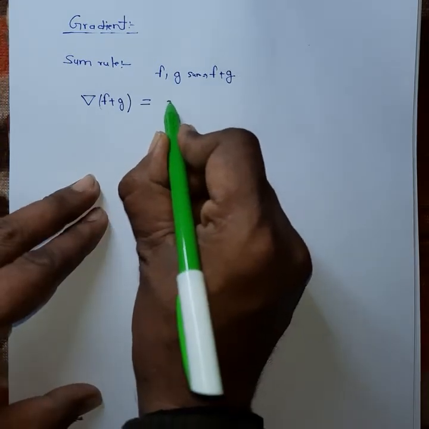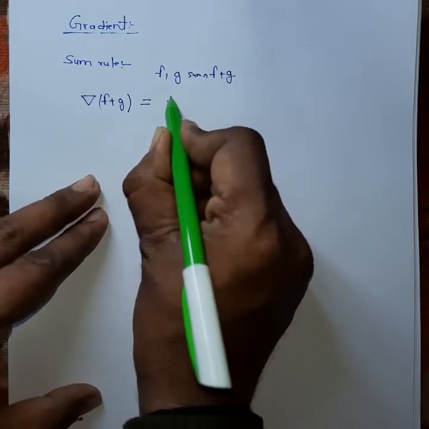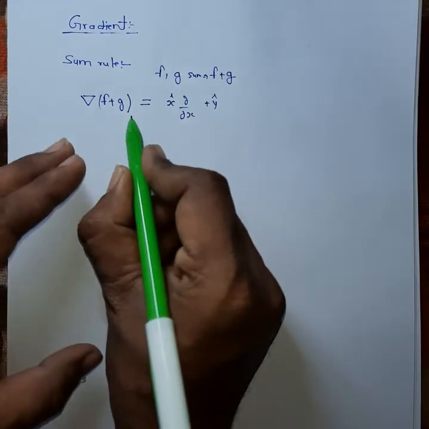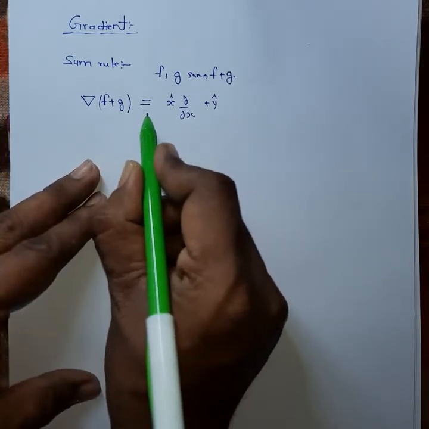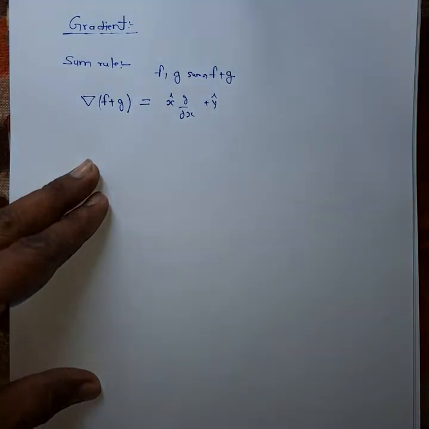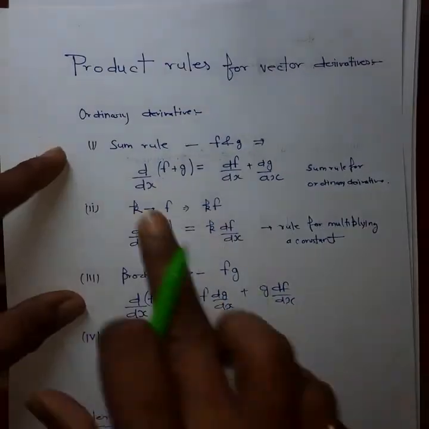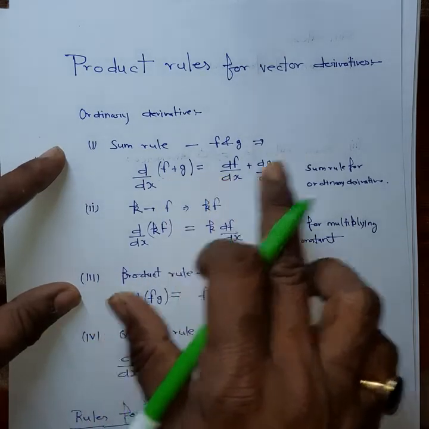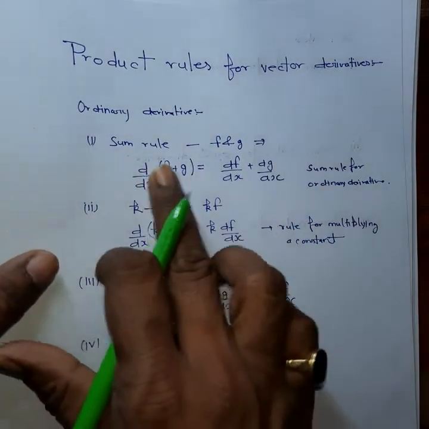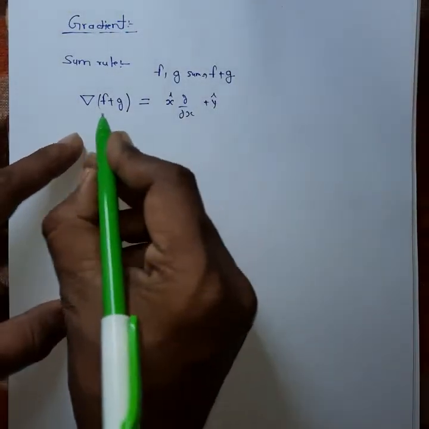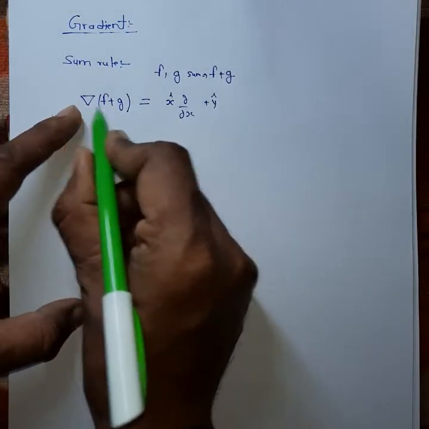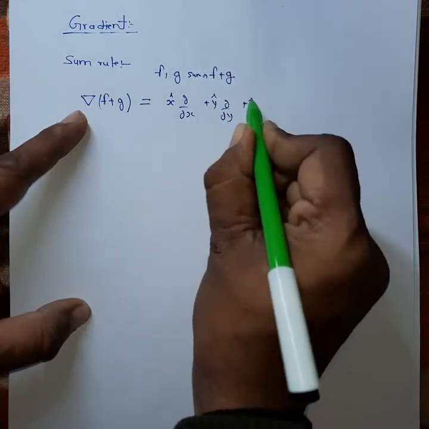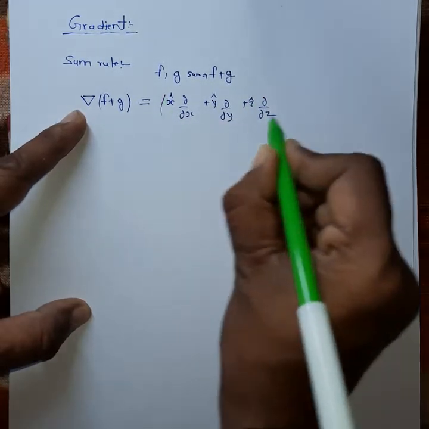What I am doing is trying to find the sum rule for vector derivatives, as we have already discussed the sum rule for ordinary derivatives, which is very clear. So let's discuss it for vector derivatives. I am writing del in its component form: x cap del by del x, plus y cap del by del y, plus z cap del by del z.